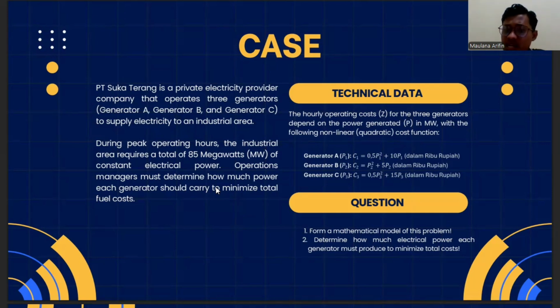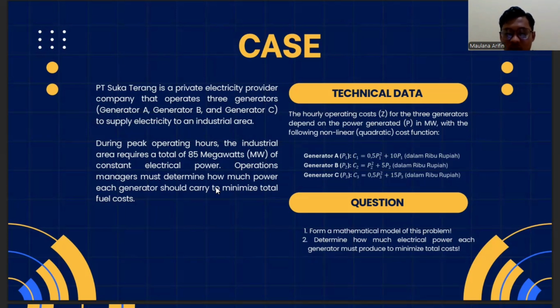The technical data: the hourly operation cost, or Z, for the three generators depends on the power generated P in megawatts, with the following nonlinear quadratic functions. Generator A is C1 equals 0.5 P1 squared plus 10 P1. Generator B is C2 equals P2 squared plus 5 P2.